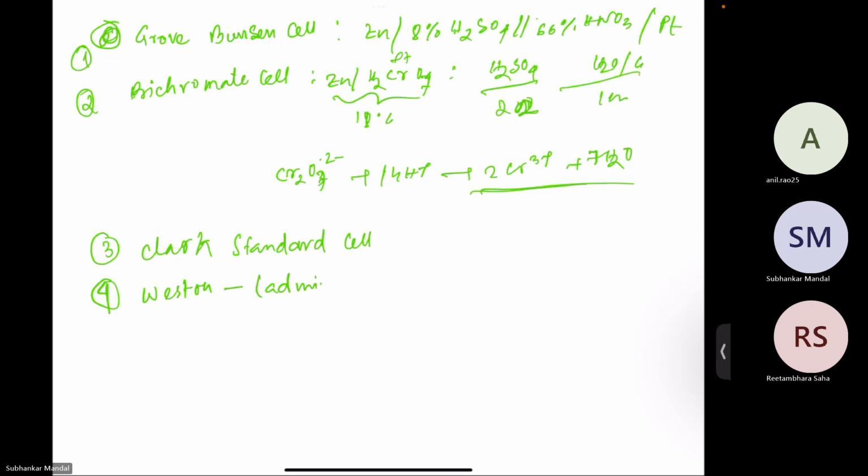So a cadmium amalgam is formed, and mercury sulfate is used in the solution. And the more familiar cell is the carbon zinc cell. Okay, so all these things we have discussed in the class.